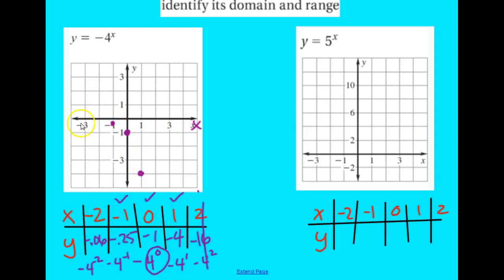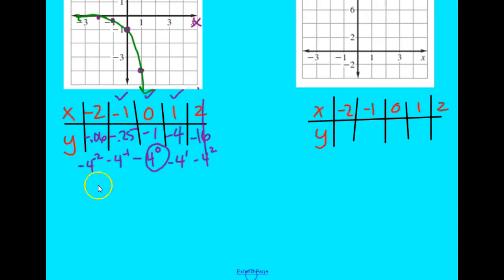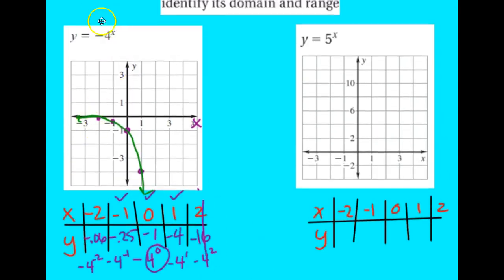And then at -2, I'm at -0.06, so super close to the x-axis. So I'm going to draw my line through here. A nice curve. We didn't go above, but we're right at the x-axis there. So the reason why this one is flipped down is because we have this negative right there.